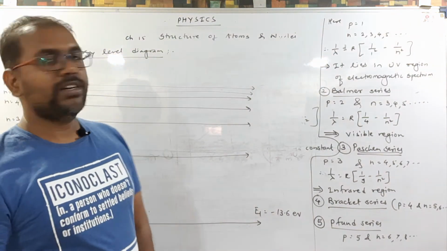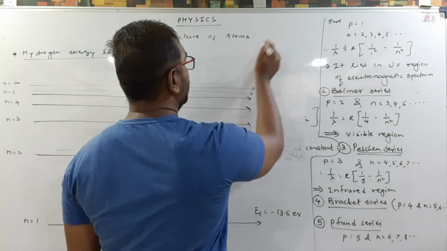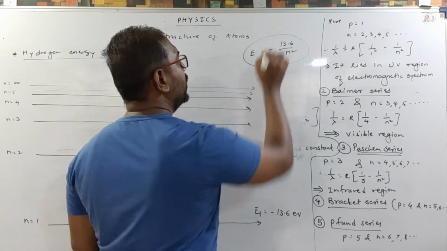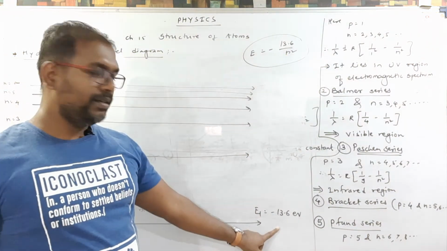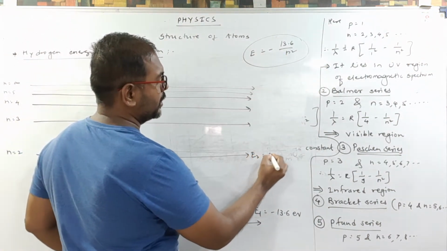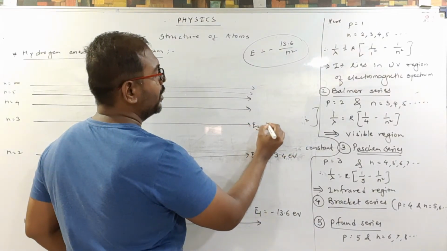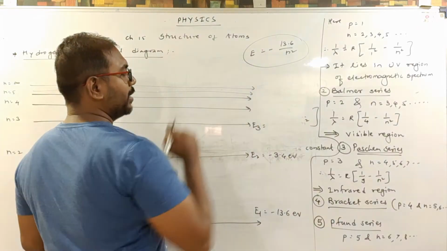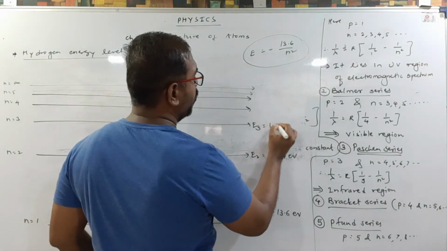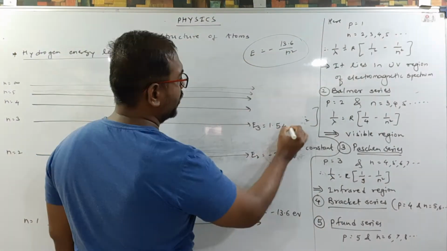So the energy is minus 13.6 electron volt. You know that the energy of the nth orbit is minus 13.6 divided by n square. We already learned this formula. By using that, if n is 1, this is the energy. If n is 2, the energy is minus 3.4 electron volt. If n is 3, 13.6 by 9 gives minus 1.51 electron volt.